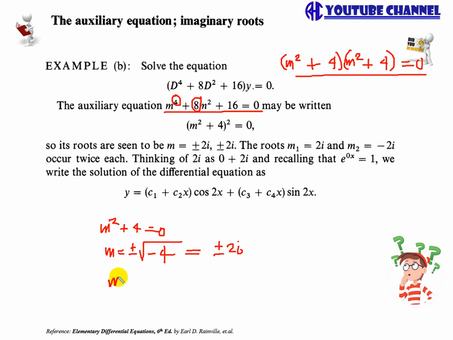Actually, same lang yan eh. So, m is equals to positive and negative 2i. So, ibig sabihin ng roots natin is dalawang positive 2i tapos dalawang negative 2i. Yun. So, ito yung roots natin.